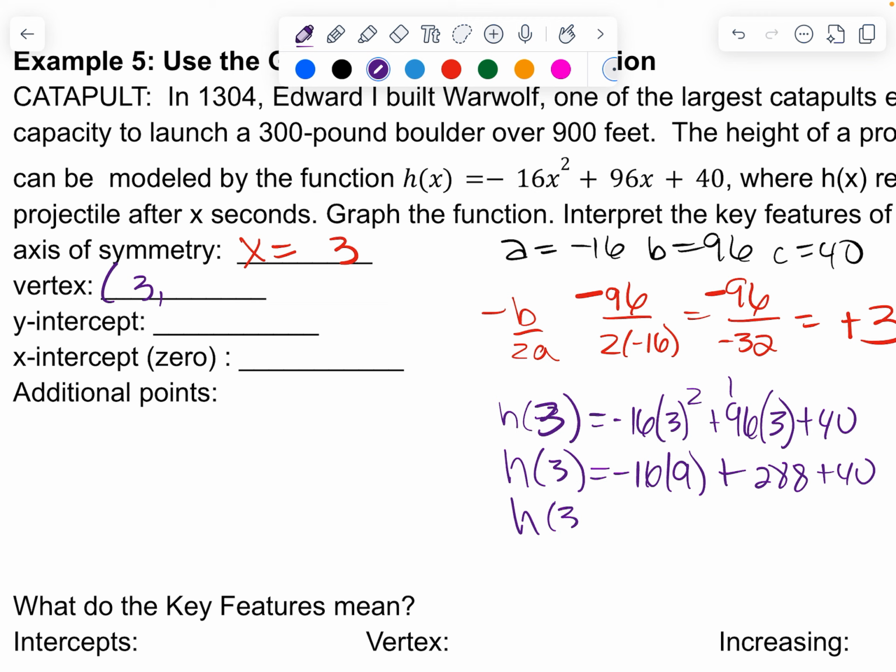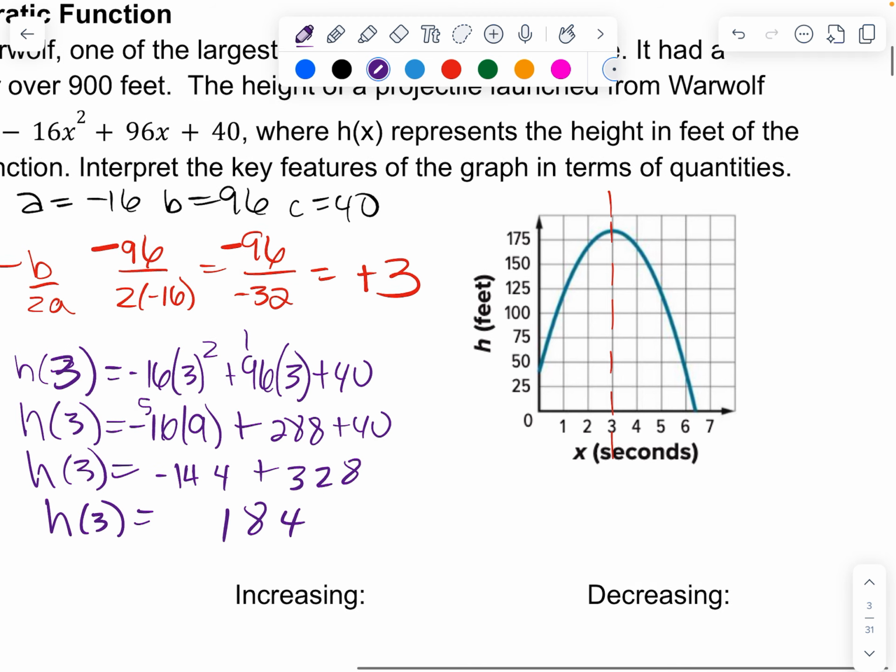So h of 3 equals -144 plus 328, which is 184. I think that's the point. Let's see. That looks about it.